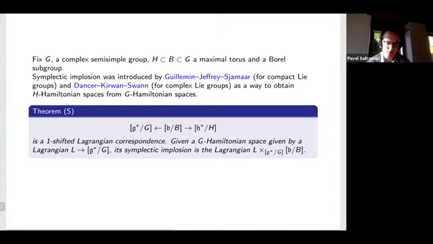You start with the Lie algebra of the Borel B mod the group Borel B, so an adjoint quotient, and you can map it either to the dual of the Cartan mod the group Cartan, or the dual of the Lie algebra G mod the group G. So this is going to be a Lagrangian correspondence in the sense of, again, shifted symplectic structures. So G dual mod G is one-shifted symplectic, H dual mod H is also one-shifted symplectic, and then B mod B is Lagrangian in the product of the two.